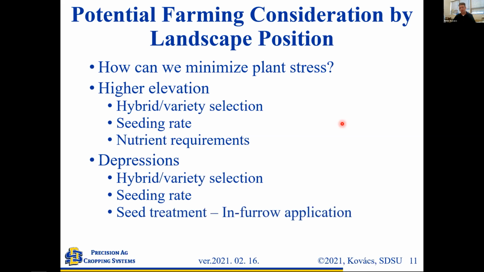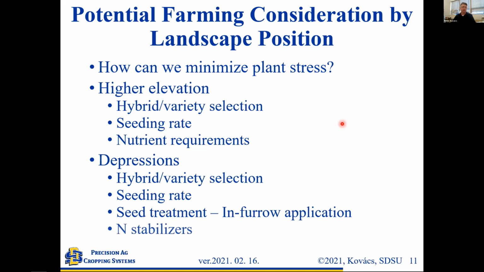If we think about some of the late spring, cooler temperatures, probably a little bit more moist soil conditions, would an extra seed treatment or in-furrow fungicide application help to go through that emergence period and help the young seedlings to emerge better?